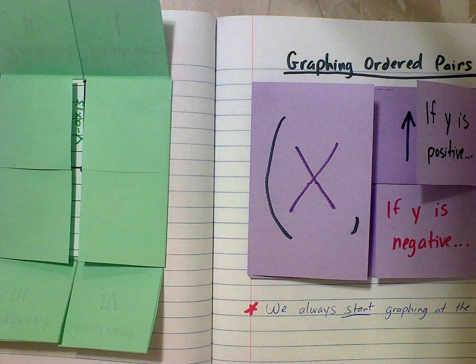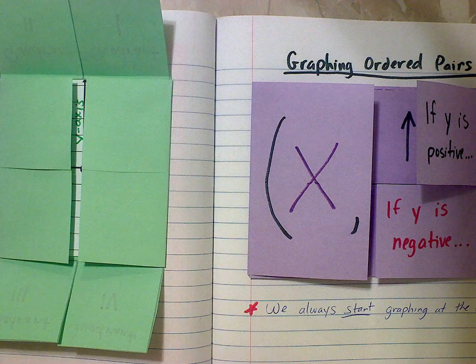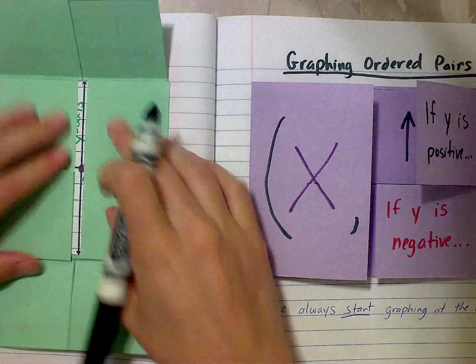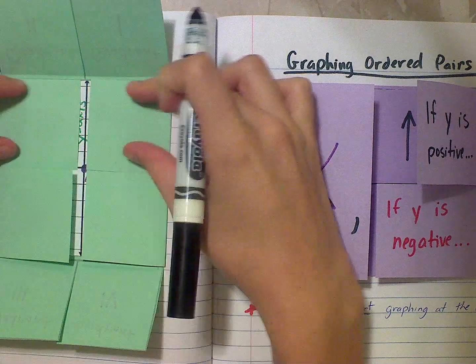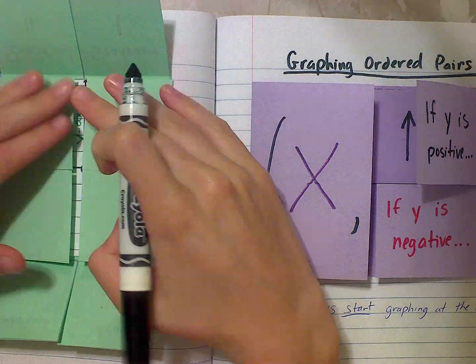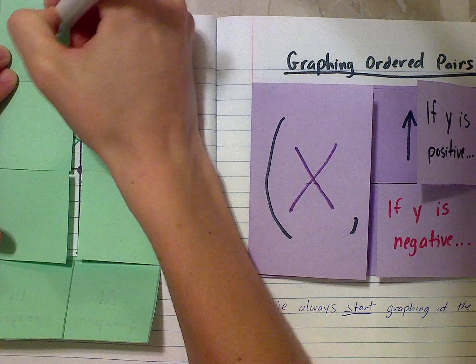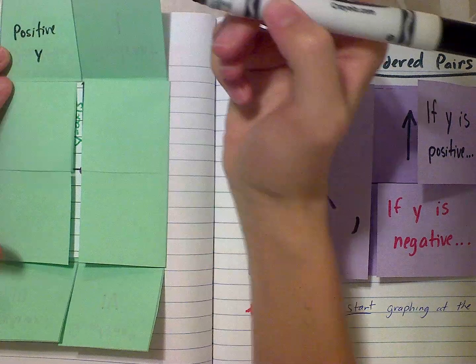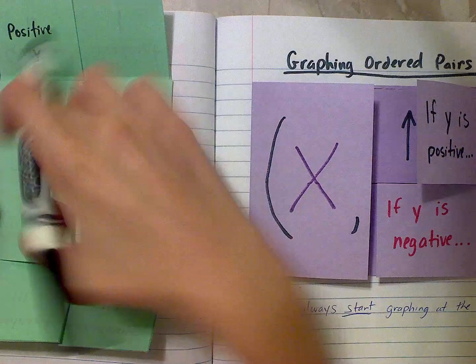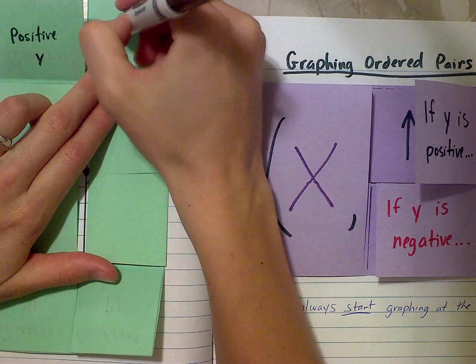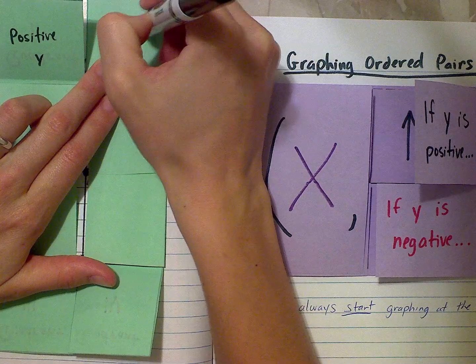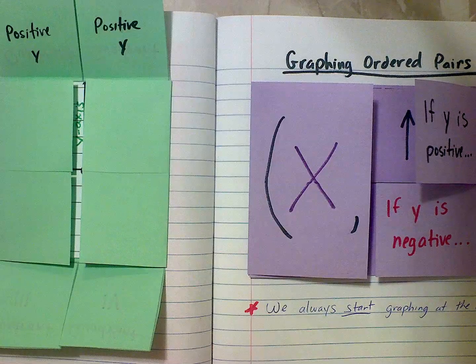So basically, anything that's on this top part of the graph, where I started at the origin and went up, means the y is positive. So anything up here is going to be a positive y, in this quadrant, and the same with this quadrant. You're going to see where I'm going with this.